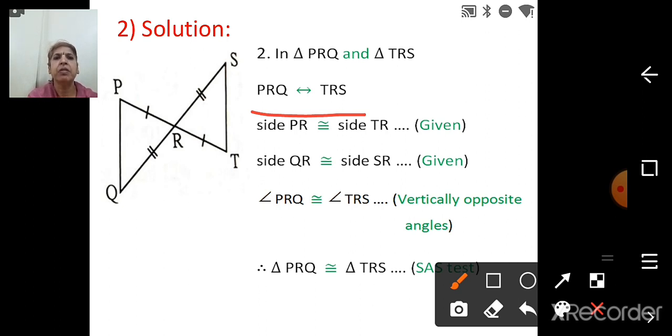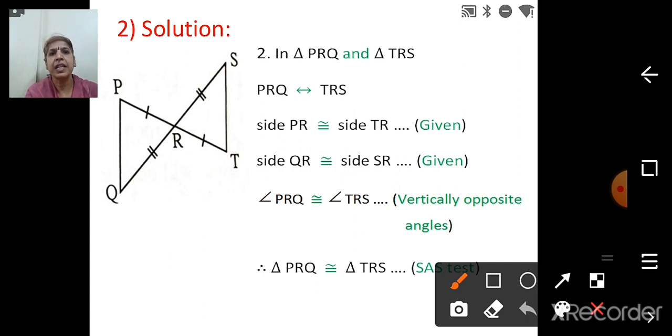And better you name the triangles in such a way so the correspondence becomes easy. Now what are the given parts? What is the given information? Side PR is congruent to side TR. So we will write side PR congruent to side TR, and in bracket we are writing the reason. The reason is given. These are the identical marks. Identical marks indicate these parts are congruent.